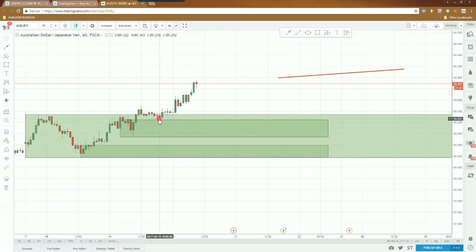Now this zone has already been bounced off of one time, so it could possibly hold one more time right around, and plus it also puts it right around the $89 amount. So we could see a nice little bounce here maybe on the bottom part of this zone, and then price to return up to $90. So that's really what I'm looking to have happen over the course of this next week.